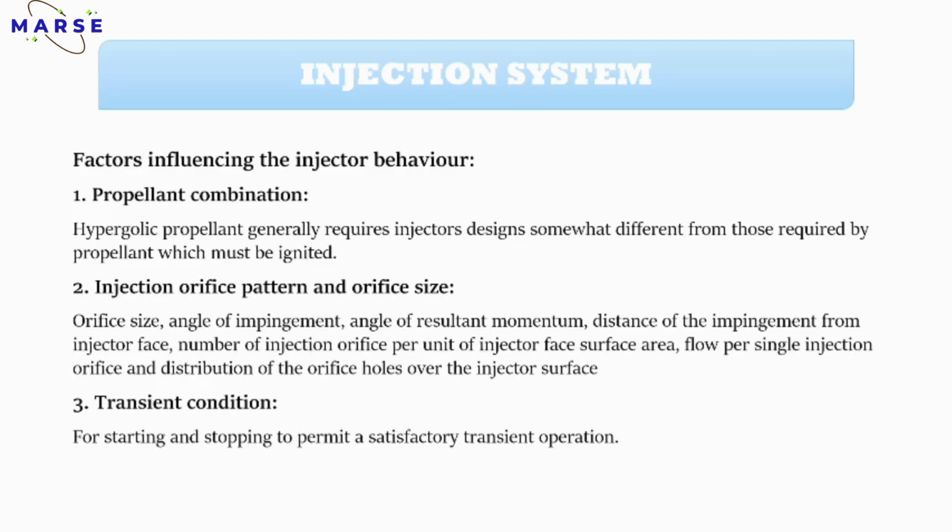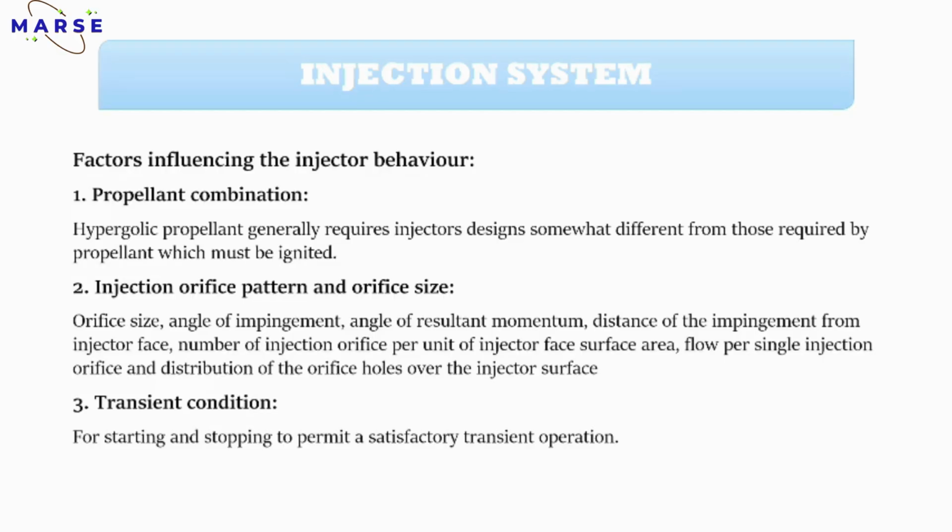First one is the propellant combination. Hypergolic propellants generally require an injector design somewhat different from those required by propellants which must be ignited. It means that some combinations of propellant require different injector designs.